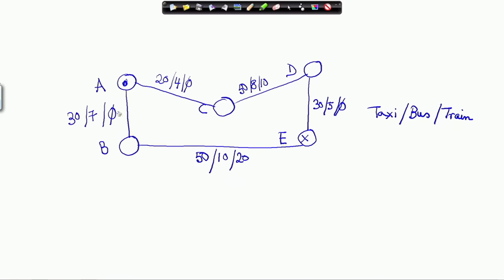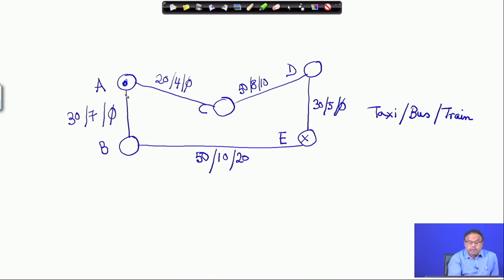But if I come here by train, there is no train. So, I cannot come between these two by train. If I come by bus 4 rupees and now by train 10 rupees, 14, and here there is no train, I cannot do that, right.